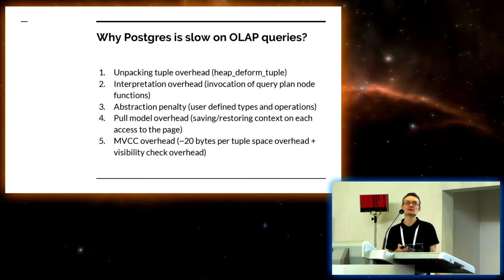And the last point of issues includes MVCC overheads. As known, Postgres is a relational database with MVCC, and for its support, every tuple has additional information on the version and the transaction that has written it in, and the header of the entry takes 20-something bytes, so the information is pretty large.